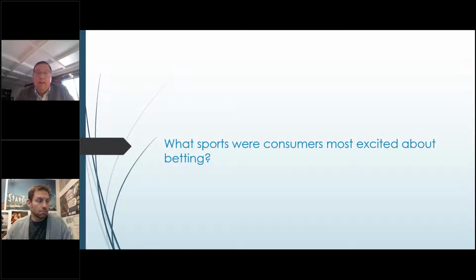They're really excited about betting on basketball, both college and professional. You have the people that say, yes, I'll bet on hockey, but it's typically infrequent. You have people that say they'll bet on baseball, and those guys are baseball fans, and they estimate they'll bet a little bit heavier on baseball.